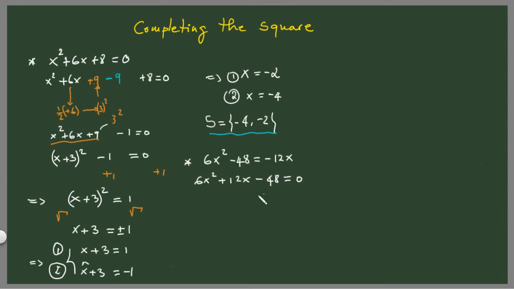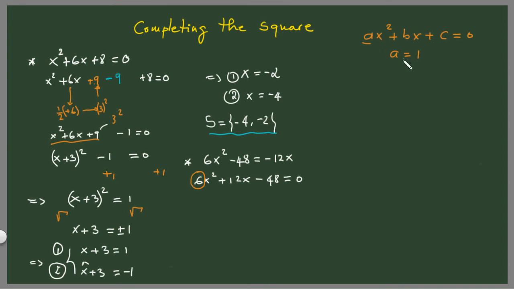Now we need to have it in the standard form of a quadratic equation, which means the 6 here, this coefficient, needs to disappear. Normally the equation looks like x to the 2 plus bx plus c equals 0, with a always equal to 1.